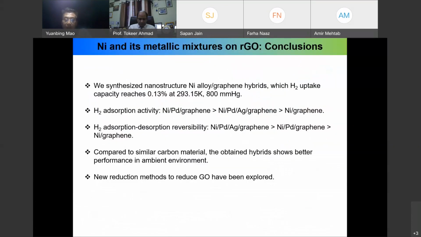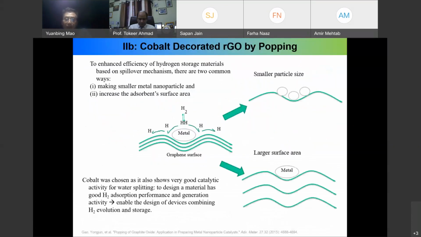So the next study is to see whether we can further increase the surface area of the graphene or reduced graphene oxide, and also get smaller particles. The particles I showed you are actually quite big. So that led to the next project.